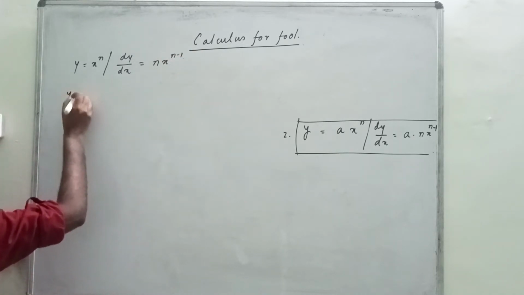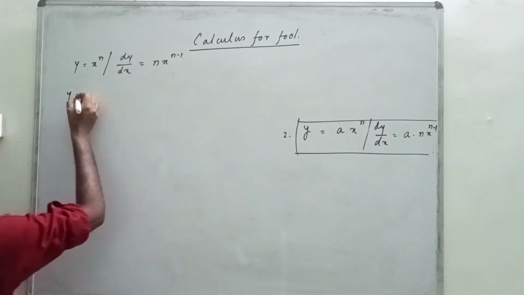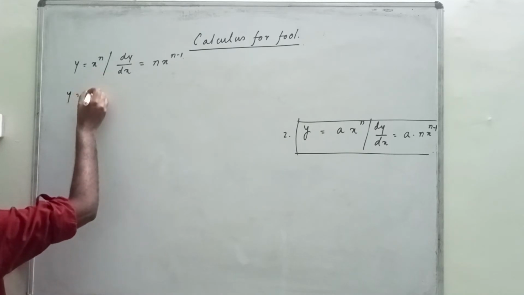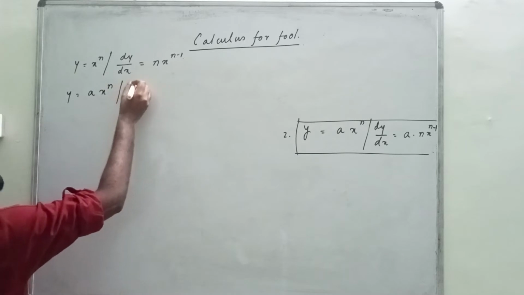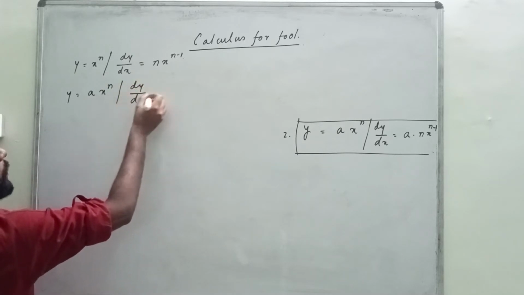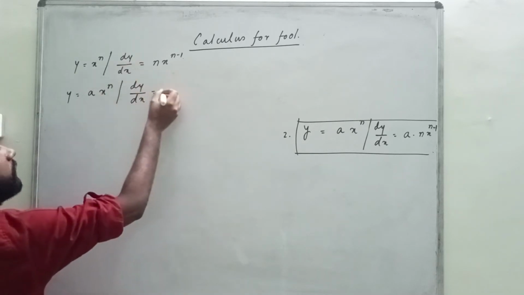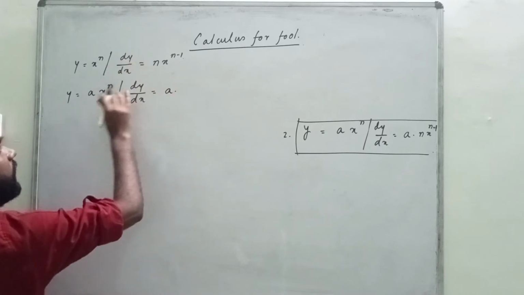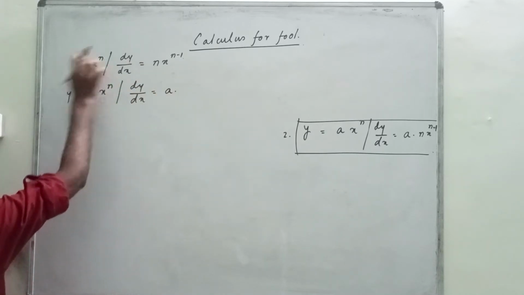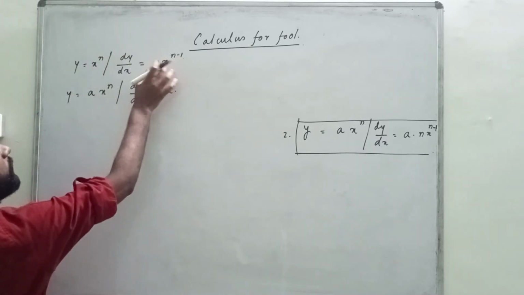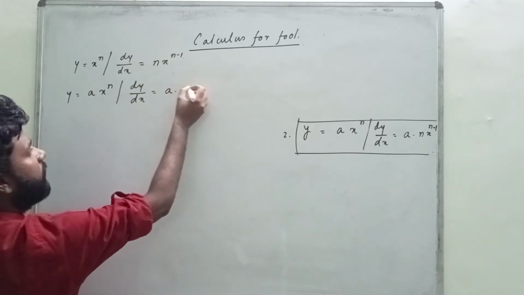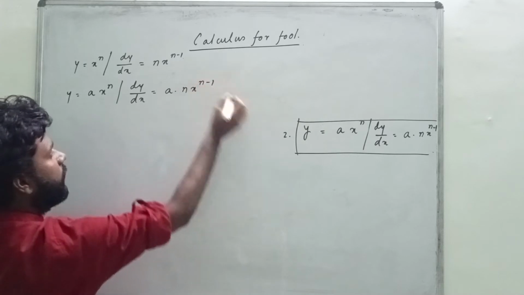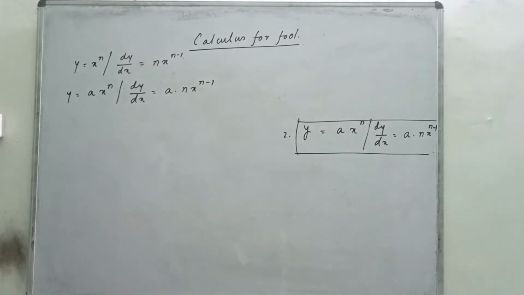And secondly, just recalculate it here. If y is some constant times x to the power n, then dy/dx goes to... the constant remains constant, and if y is x to the power n, dy/dx goes to n x to the power n minus 1, right?